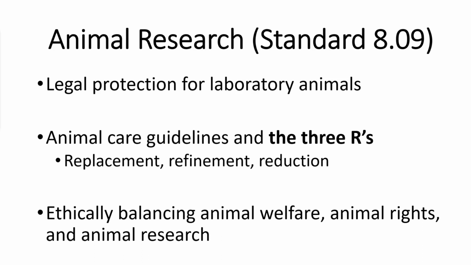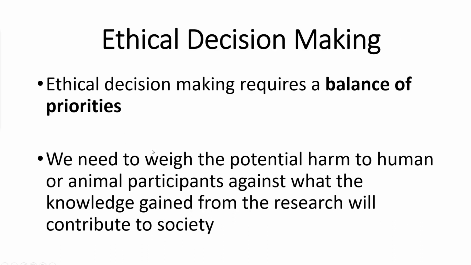So we again come to this idea of ethics as a balance between risk and benefit, and having some strange balance in the middle, hopefully. Making these ethical decisions requires that balance of priorities, and that's where those ethical review boards come in.